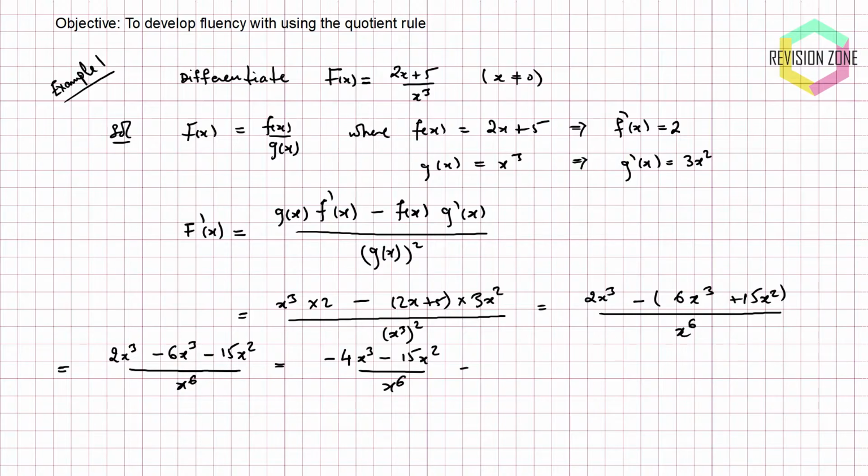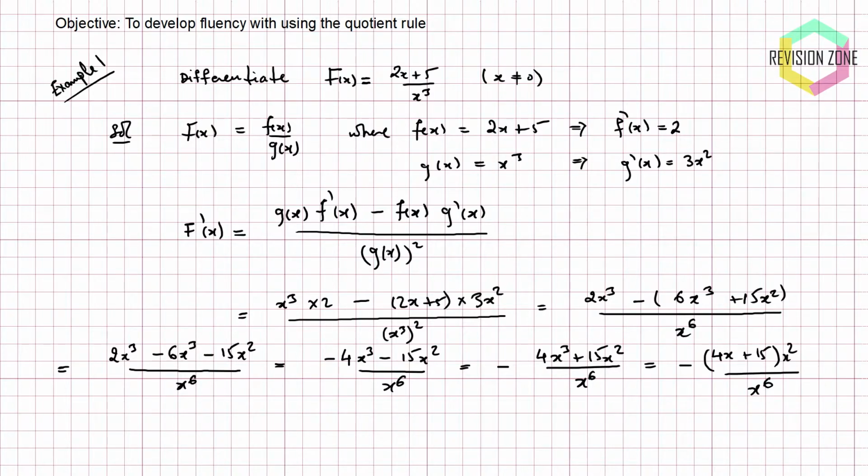We can take the minus out entirely and say it's going to be 4x cubed plus 15x squared all over x to the 6. And of course we can tidy this up a little bit further by factorizing out an x squared, and then the x to the 6 is still in the denominator.